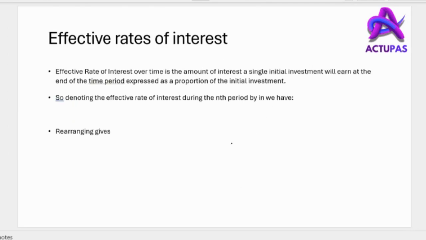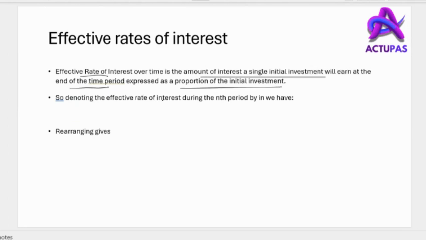Effective rates of interest. The effective rate of interest over time is the amount of interest a single initial investment will earn at the end of the time period, expressed as a proportion of the initial investment.